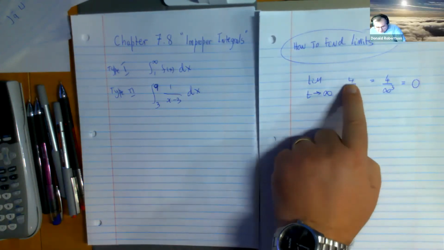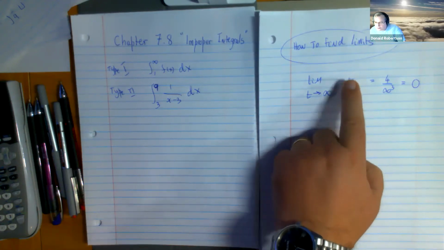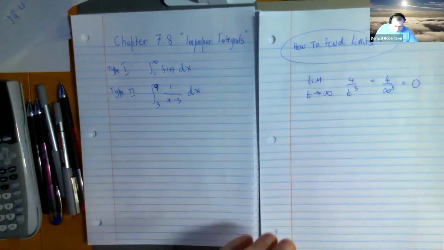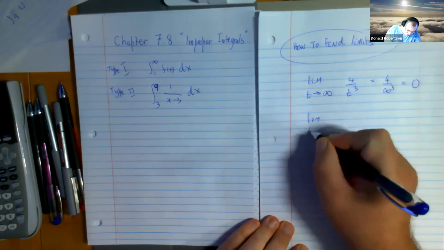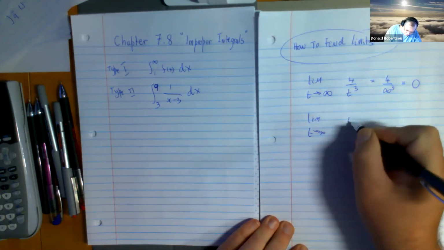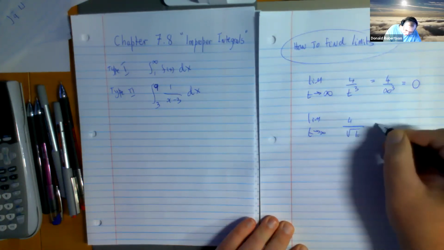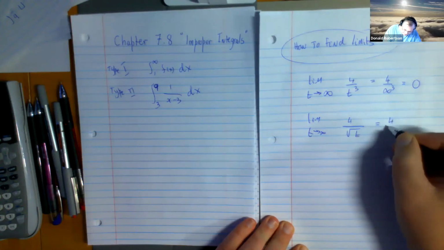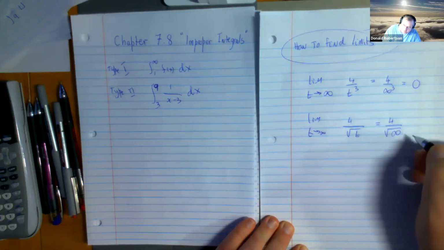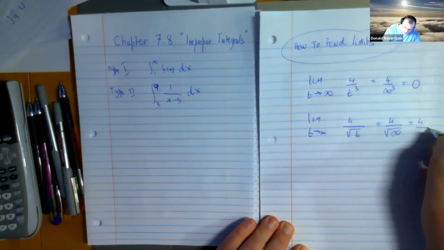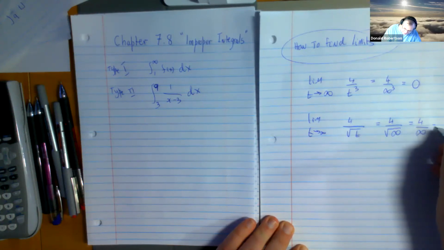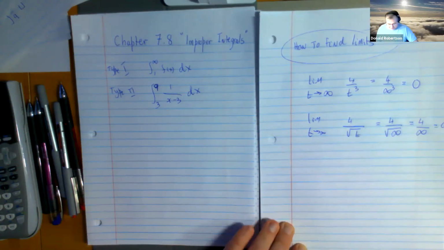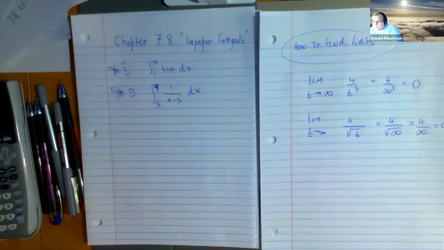Now, if you get 4 over t or 4 over t squared, or I'll put one more in. If you get the limit as t tends to infinity of 4 over the square root of t, won't you get 4 over the square root of infinity, which is 4 over infinity, and doesn't 4 over infinity get you 0? I call that the brute force method.